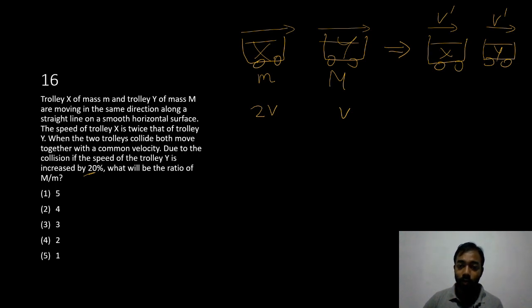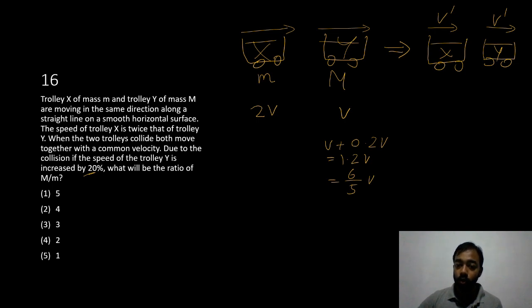They are saying that the velocity of trolley Y has increased by 20%. The initial velocity is v, so a 20% increase means 0.2 v should be added to this v, which is equal to 1.2 v, or 12 over 10, or just 6 over 5 v.